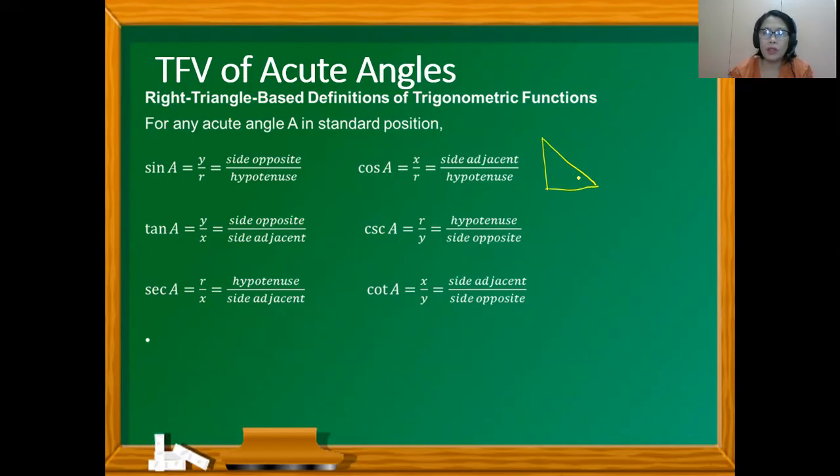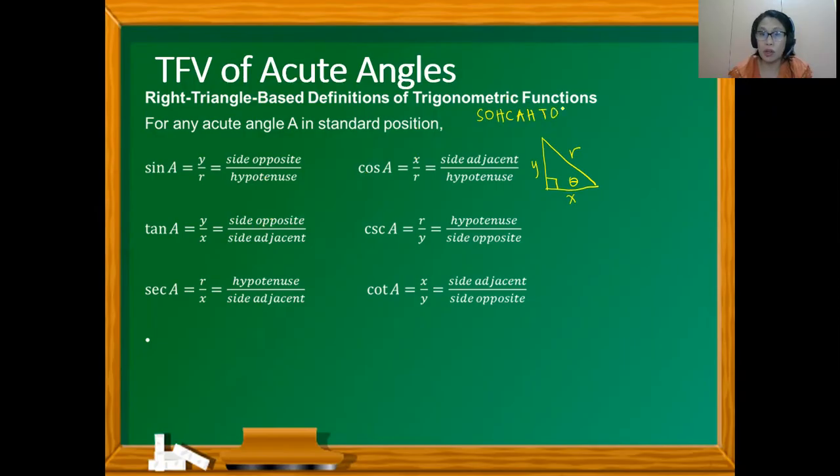If, for example, this is angle theta and this is a right triangle, and let's say this is x units, this is y, and this is the longest side. Now, coming up with this formula is also recalling the acronym SOHCAHTOA. So you learned this last time.